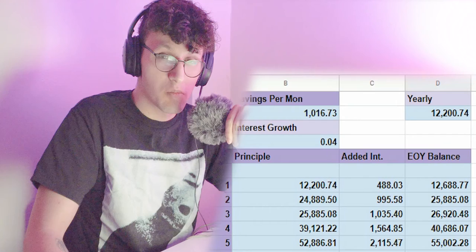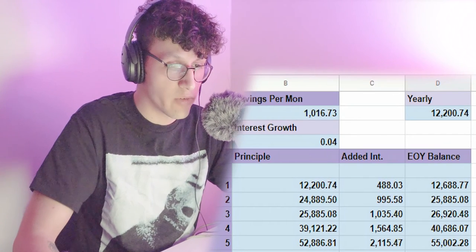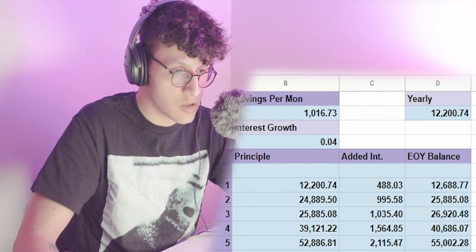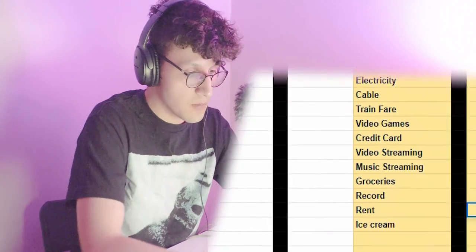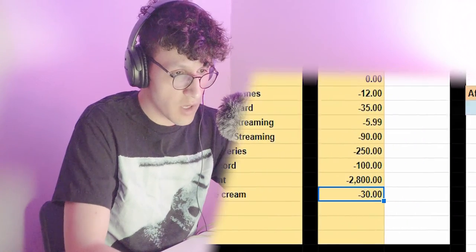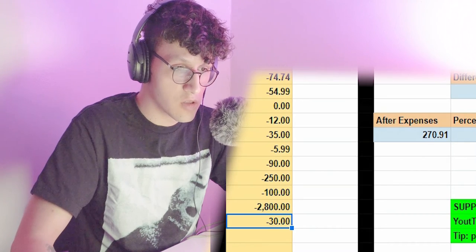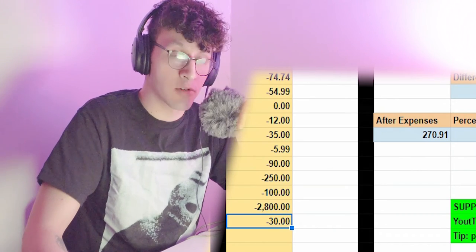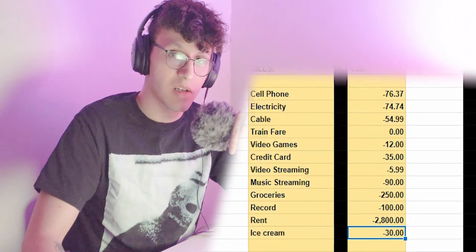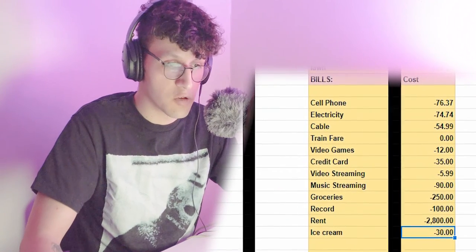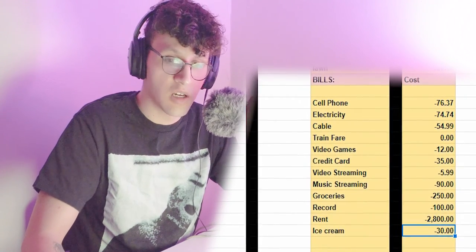Can you cut down your expenses like that? You might find out that you're in a situation where you actually have to spend $2,800 and you only have $200 of money after. Then what? Well, you're going to have to start looking through here, see what you can cut down on.